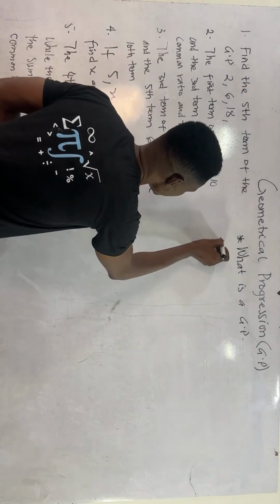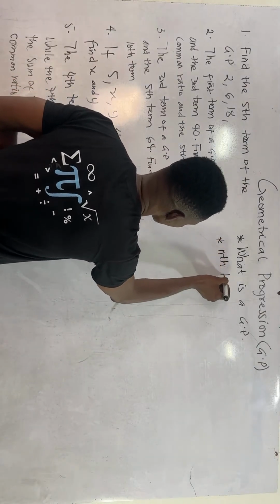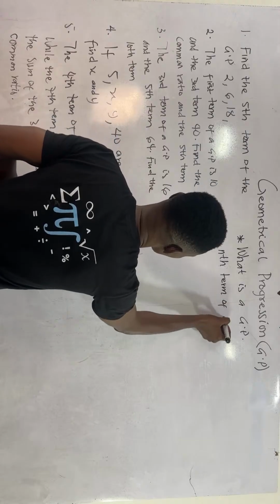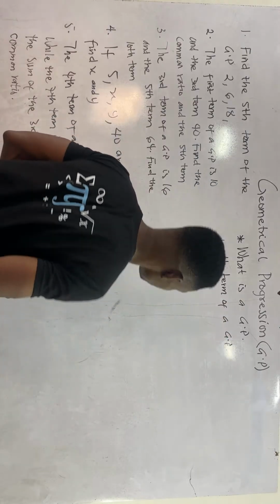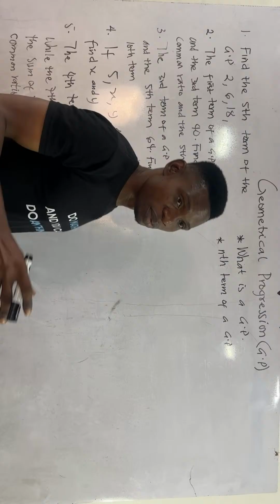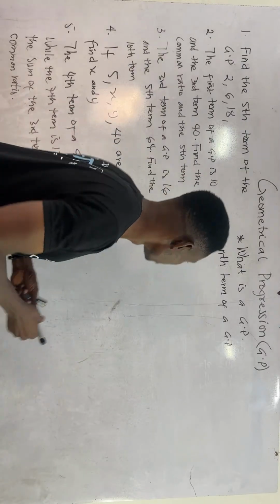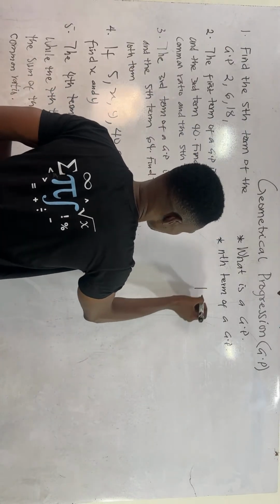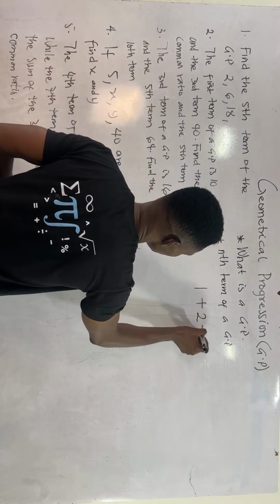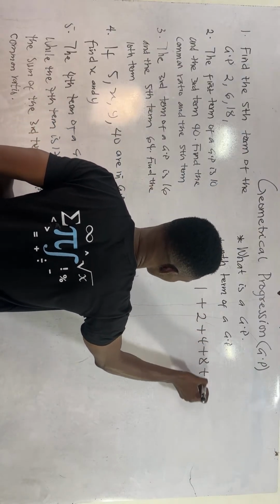So the next thing is the nth term of a GP. Now let's pick a typical GP and analyze a very simple one. So let's say 1 plus 2 plus 4 plus 8 plus that.